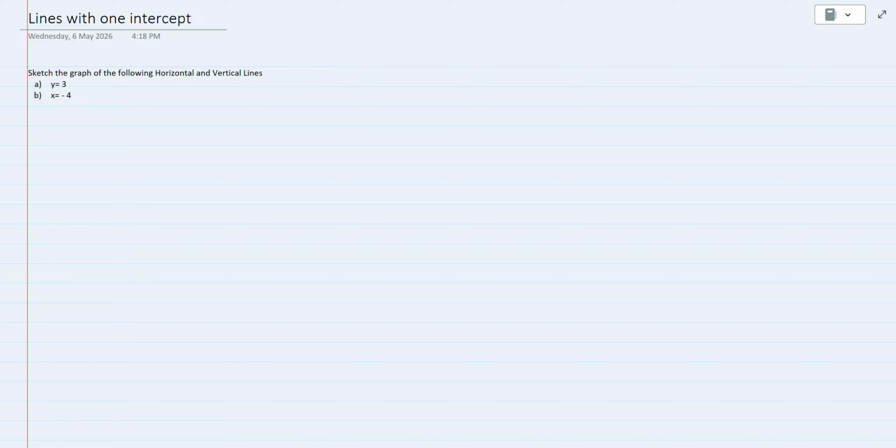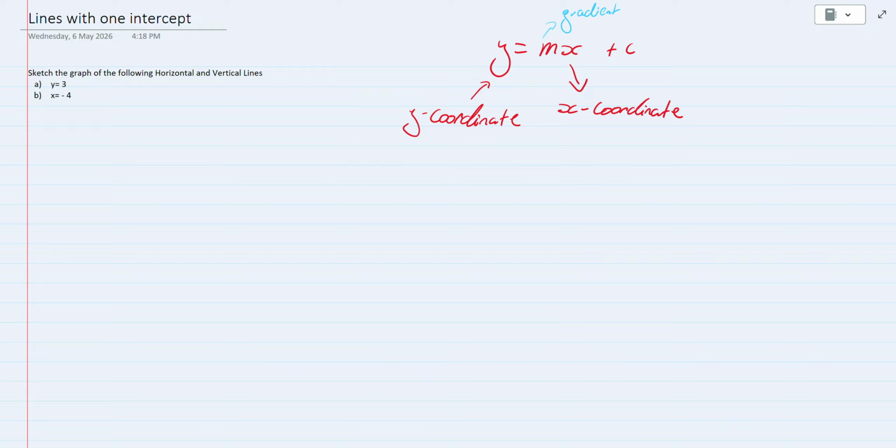Graphing lines with only one intercept. Before we start, let's recap our gradient-intercept form equation for a straight line, which is y equals mx plus c, where y is the y coordinate, m is the gradient, which is the steepness of the slope, x is the x coordinate, and c is the y-intercept.